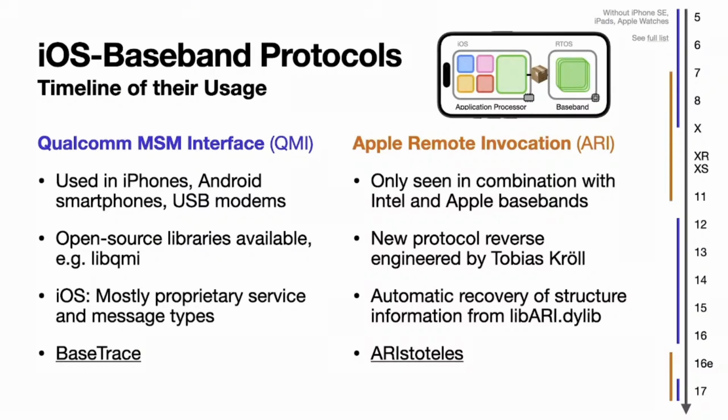This has only been seen in Apple products so far, and it's a new protocol which has been reverse engineered by Tobias, a student, some years ago. It enables us to automatically recover structural information from iOS system libraries. And this is also open source.